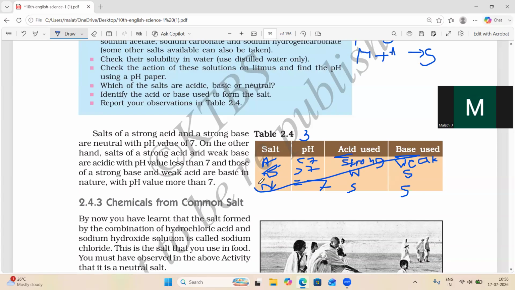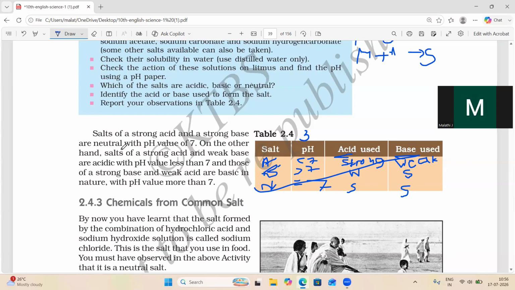Basic salts have a pH greater than 7, formed when a weak acid reacts with a strong base. The pH of a neutral salt is 7, formed when a strong acid reacts with a strong base.